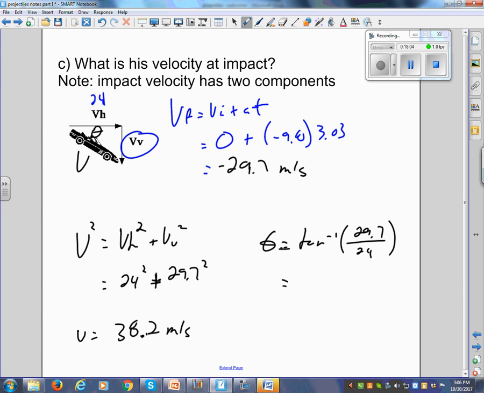I get 51 degrees. And how would you describe it? Did we get a north, south, east, west in the question? It's just going down at an angle. You would describe that as BTH, below the horizontal.